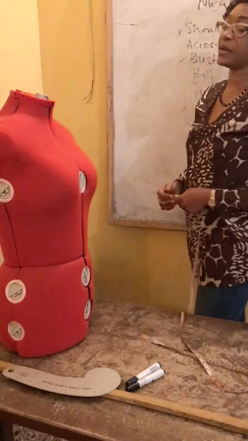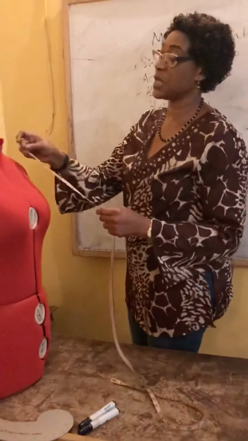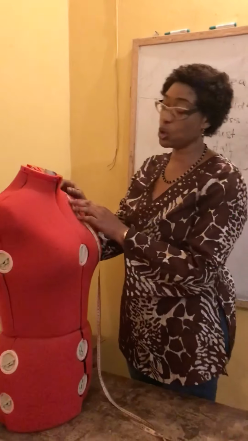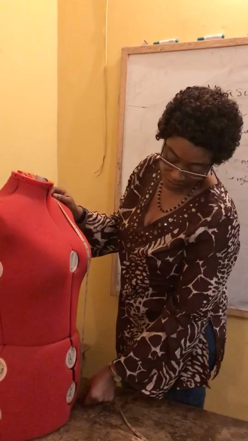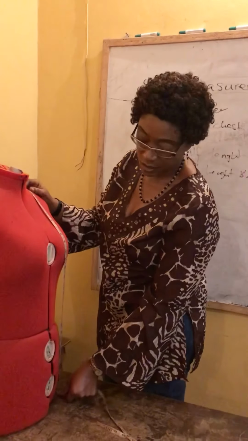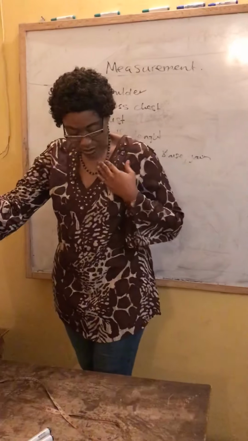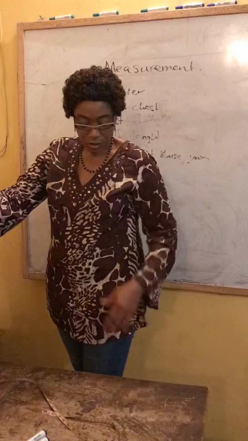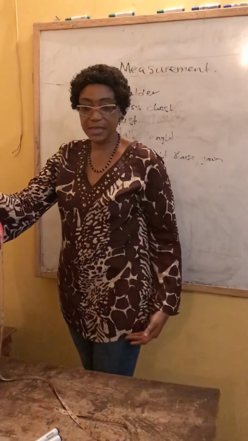Then the length, like I said, the length of your blouse, the length of your gown, whatever you are taking. So of course you take from the shoulder down to your waist measurement, your upper hip measurement, or depending. There are some clients that want their blouse to be very long, like the tunic I'm wearing now is a bit long, so you can take it down.